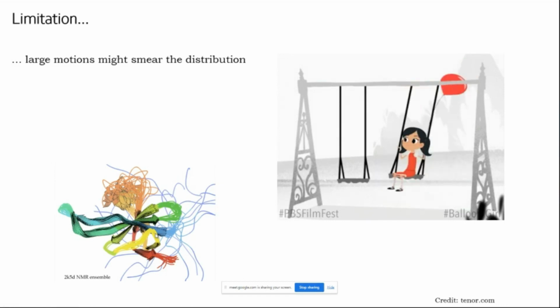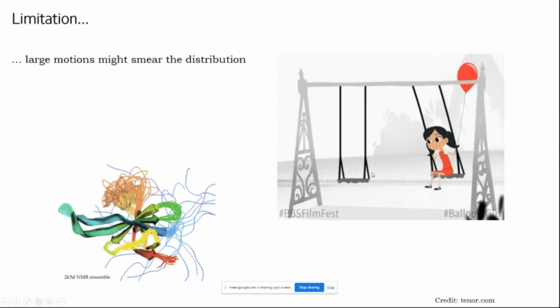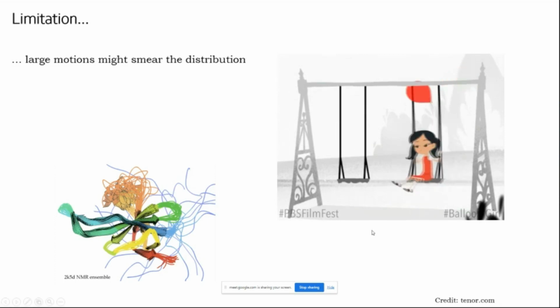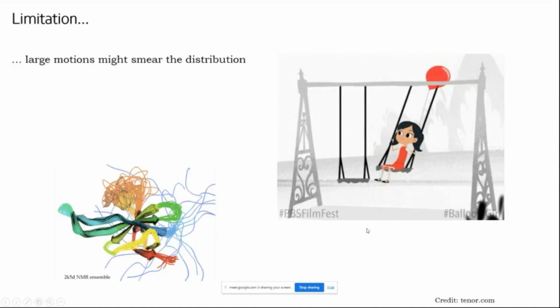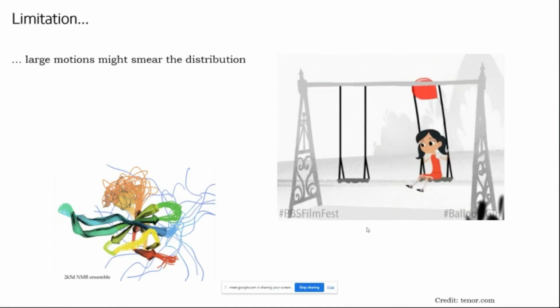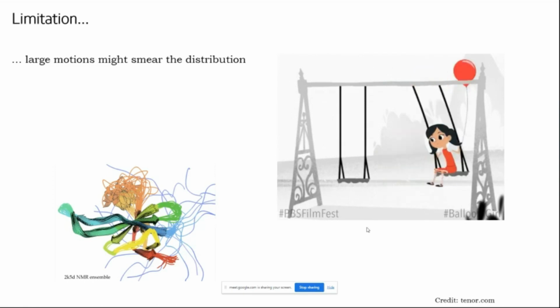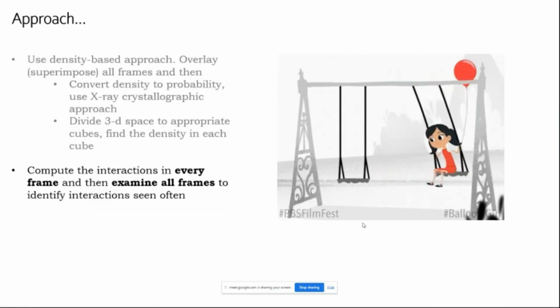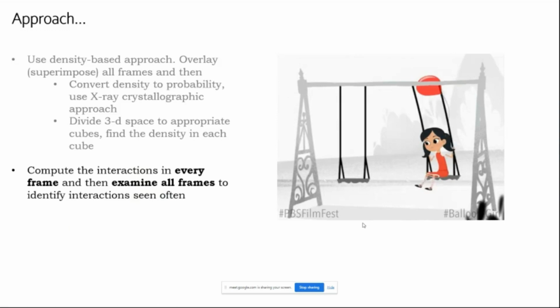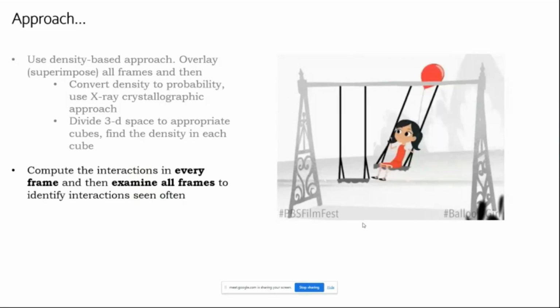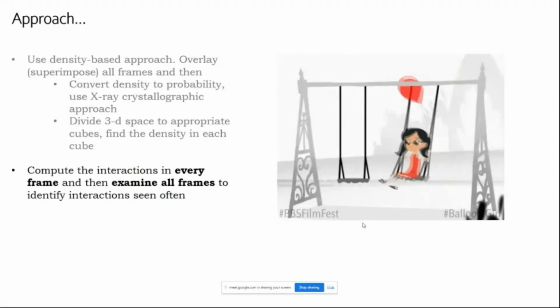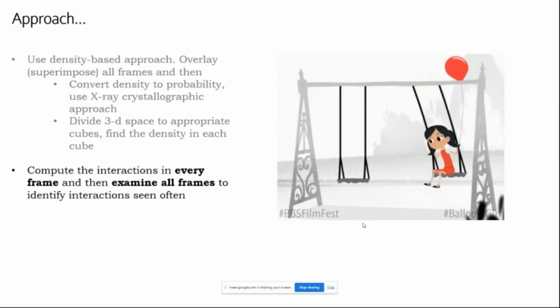So we really would not know whether there is an interaction or not. The only way in which we can do this is we take pictures, and in every picture we make a decision whether or not she is holding, and then we put all that information together to decide whether there has been an association during this simulation or not.